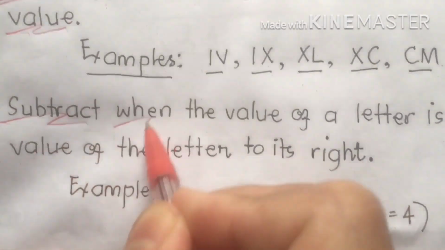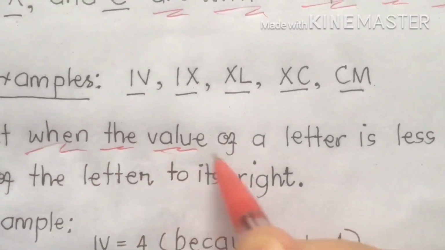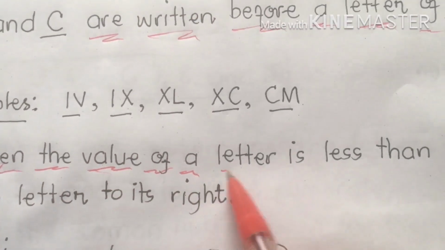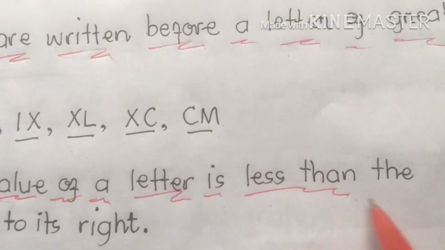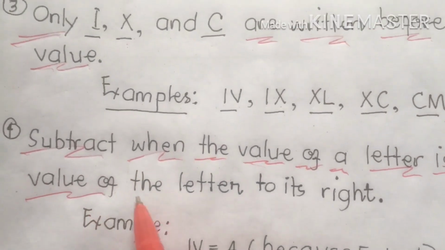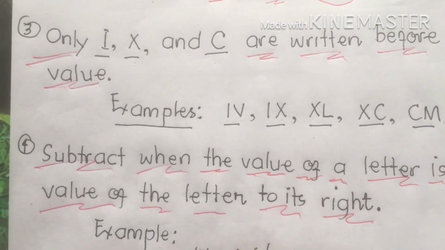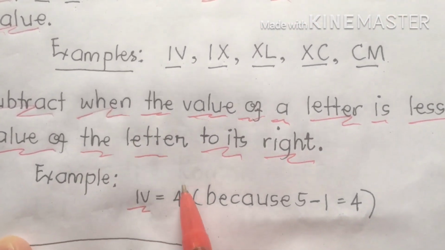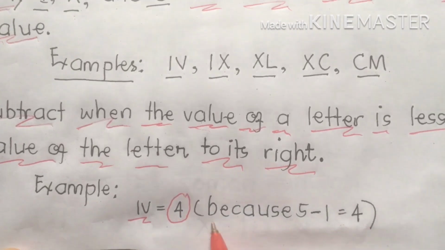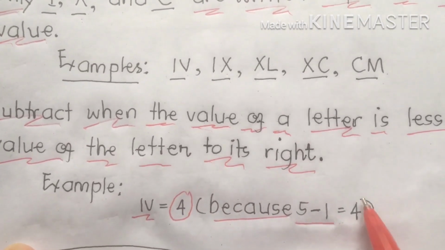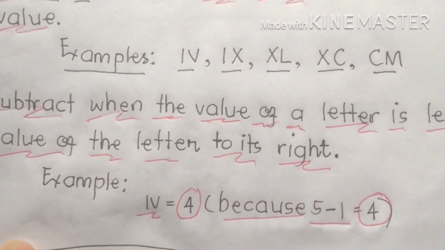Rule 4: subtract when the value of a letter is less than the value of the letter to its right. So for example, I and V, the value is 4, because 5 minus 1, just like earlier, class, is equal to 4.